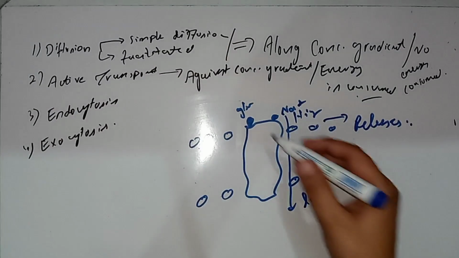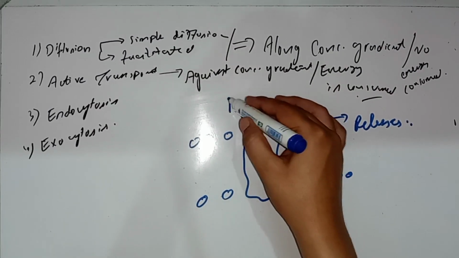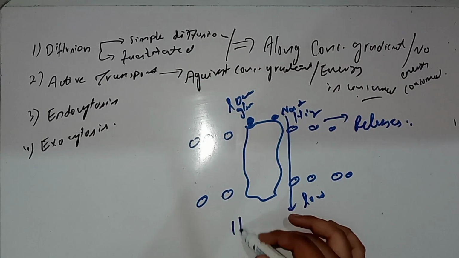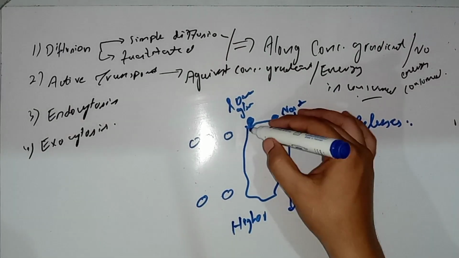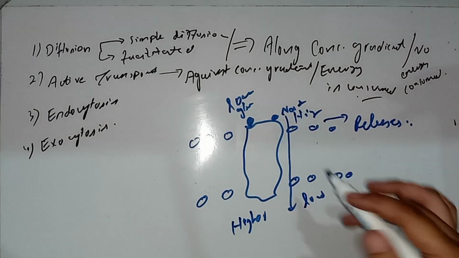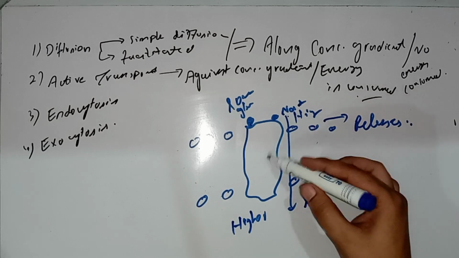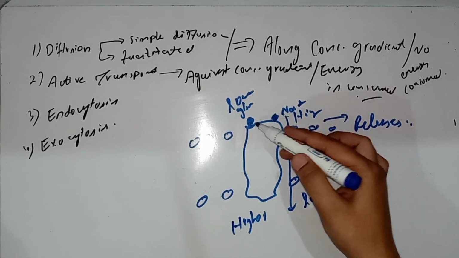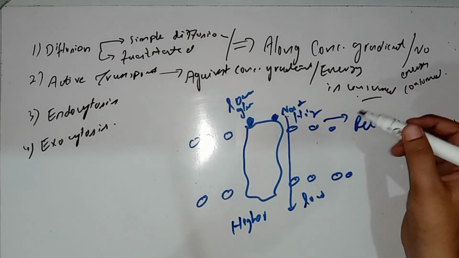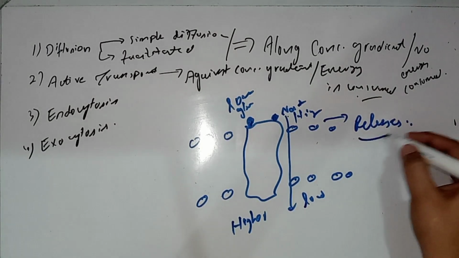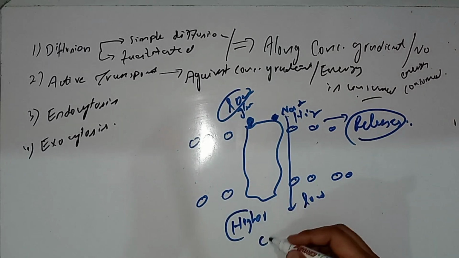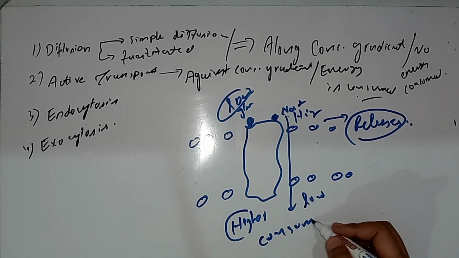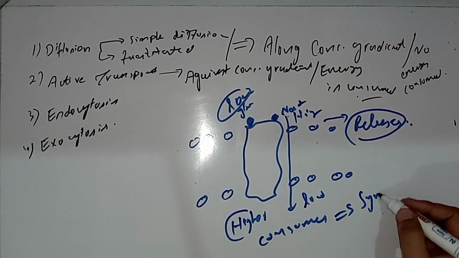And glucose is moving from low concentration to higher concentration, and in this uphill movement energy is required. So this energy comes from the downhill movement of sodium. Sodium moves along its concentration gradient and releases energy, while glucose moves against the concentration gradient and consumes energy. So this is the example of symport.